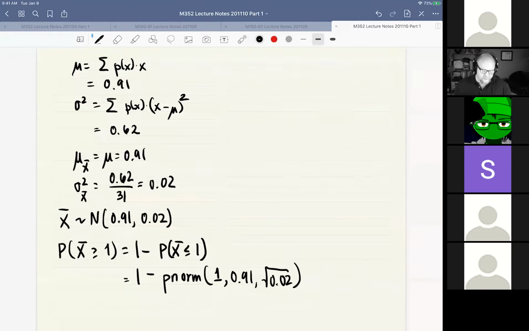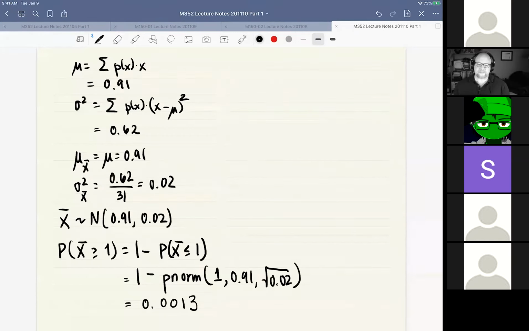If we throw that into R, we get 0.0013. So that's a very small chance, exactly 0.13%, that the average number of bats in my recordings is bigger than or equal to 1.